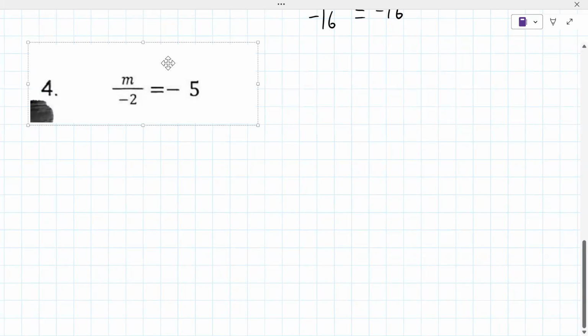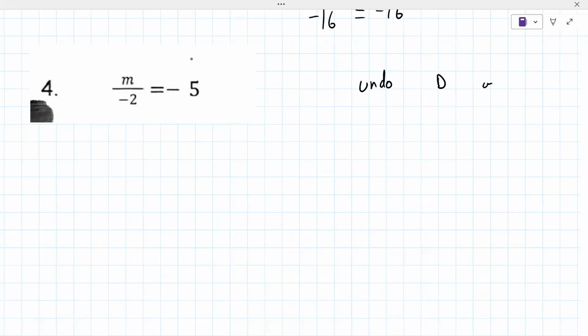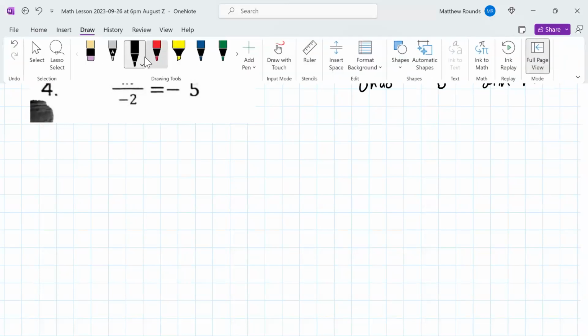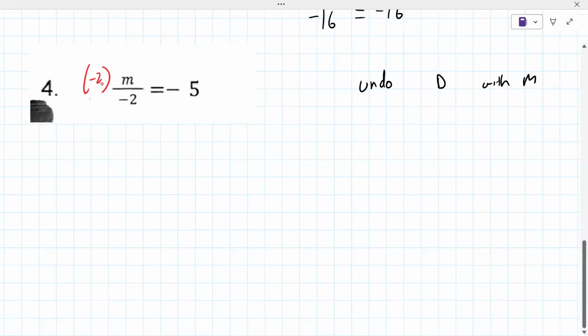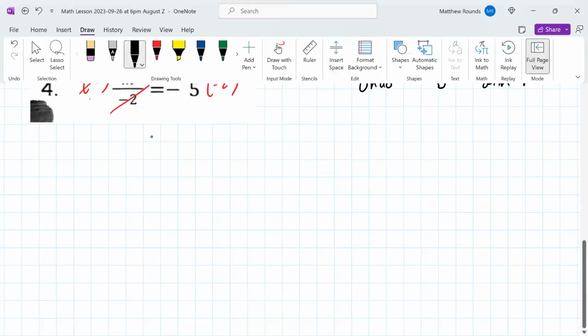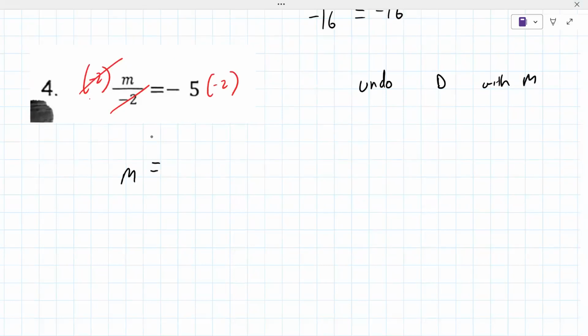Okay, so for number 4, M is being divided by -2. You undo division with multiplication. So you end up multiplying both sides by -2. On the left, these cancel. On the right, you get some sort of a number, whether it's positive or negative, we don't know yet.